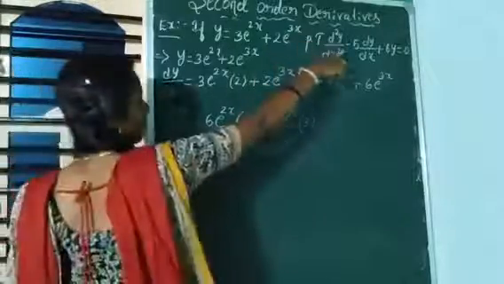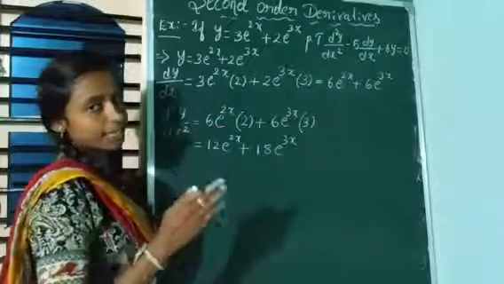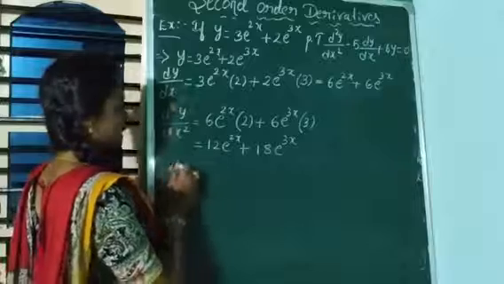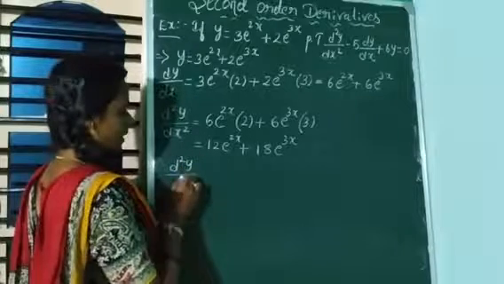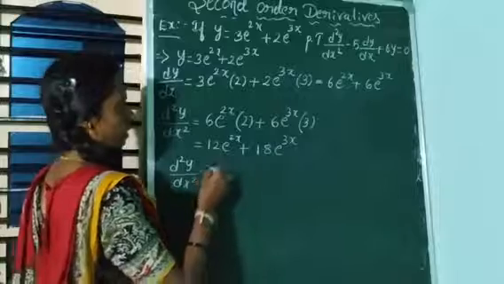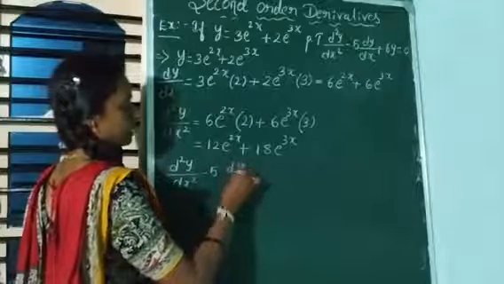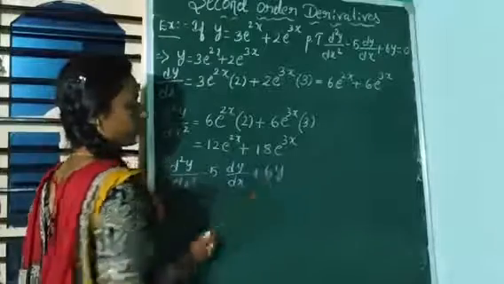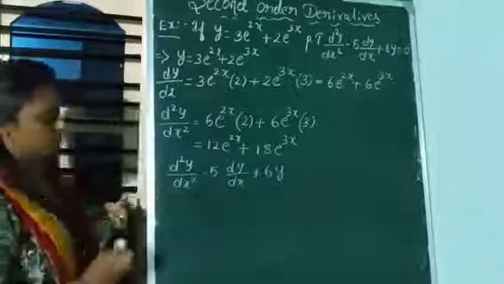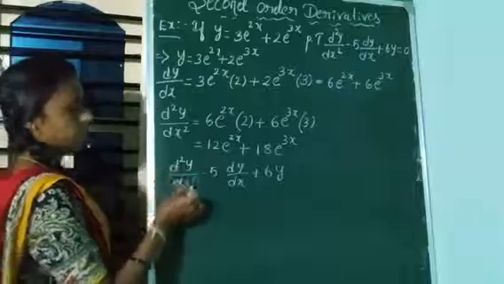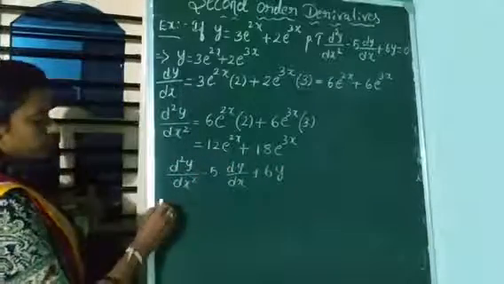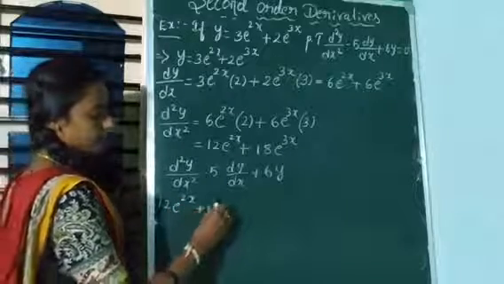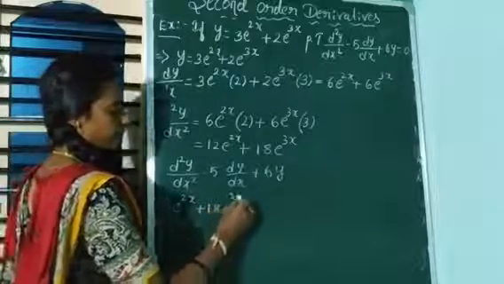Now to prove this, just consider the LHS, and at the end you need to prove the RHS is 0. So I will consider the LHS, d square y by dx square minus 5 into dy by dx plus 6y. You need to prove this is equal to 0. D square y by dx square, we got as 12 e power 2x plus 18 e power 3x.